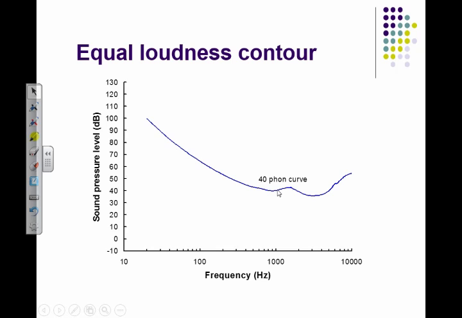So that's the first definition of how we try to objectify a measure of loudness, because we're quite often interested in how loud something is, because the perception of loudness is arguably more important than the sound pressure level. Simple example: you can have an extremely high sound pressure level at 10 Hertz.